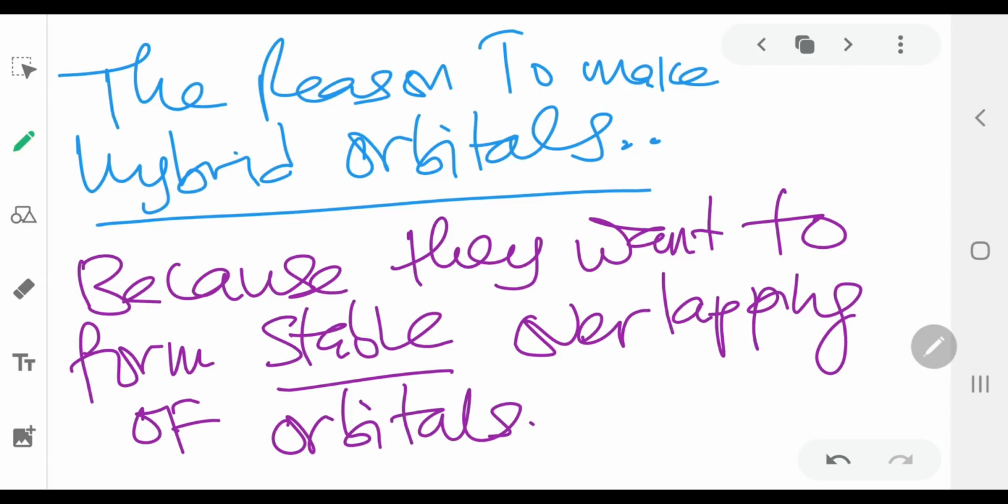So it is essentially a stabilization process to ensure that the molecule will be formed in nature, right?